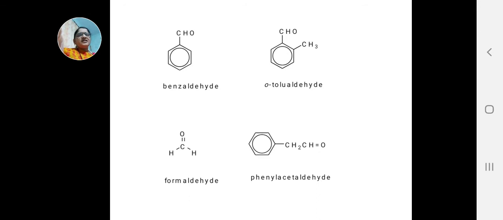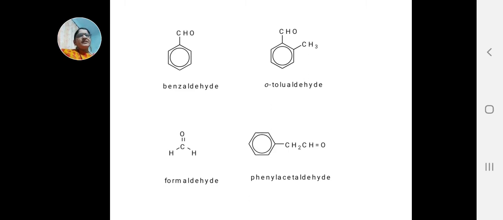Then next, aldehydes of aromatic compounds. The first one is benzaldehyde. That means in this compound the aldehyde group is attached to the benzene nucleus, hence the name of this compound is benzaldehyde.